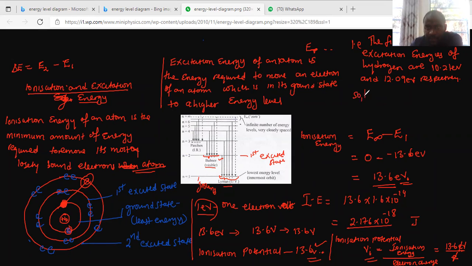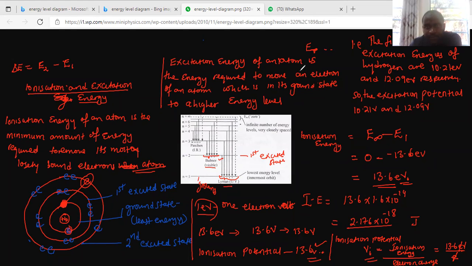So the excitation potentials are going to be 10.21 volts and 12.09 volts.